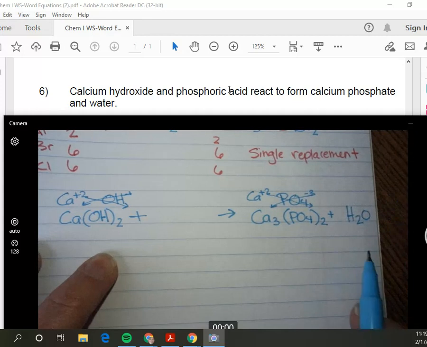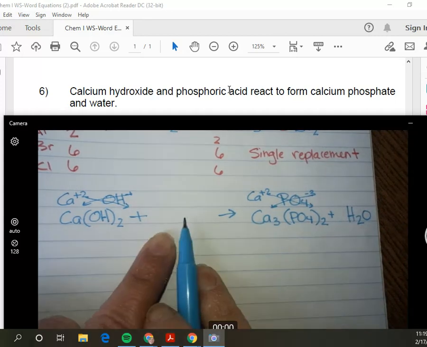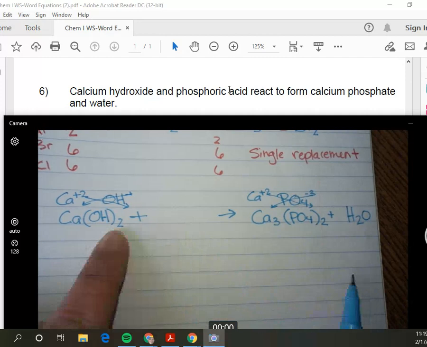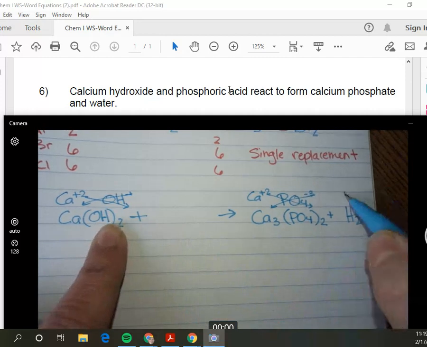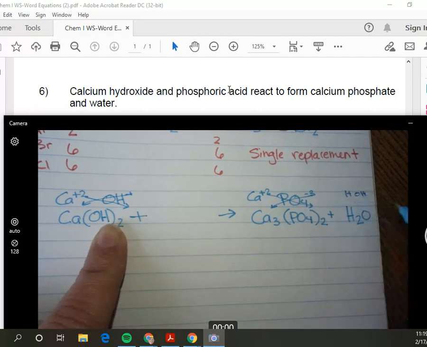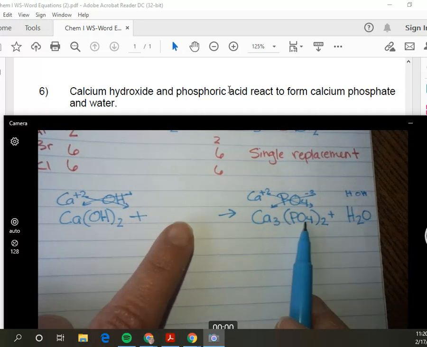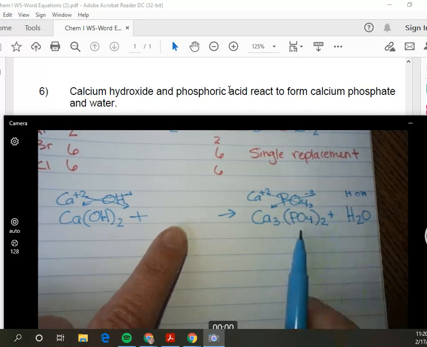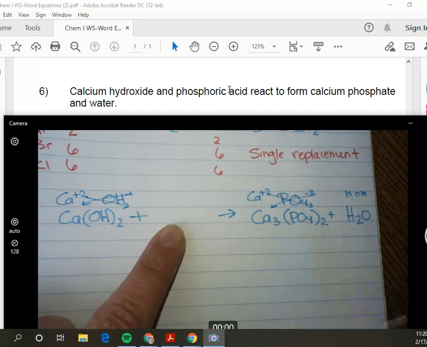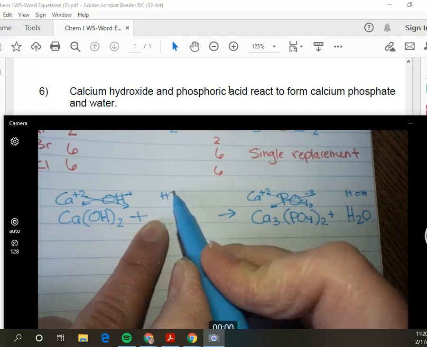All right, so we got to fill in this phosphoric acid. What do we got? OHs, and remember water can be HOH when you're looking at it and balancing the equation. So really, I need phosphates and hydrogens. That's what phosphoric acid is, hydrogens and your polyatomic ion. So let's look. Hydrogen is going to be a +1.